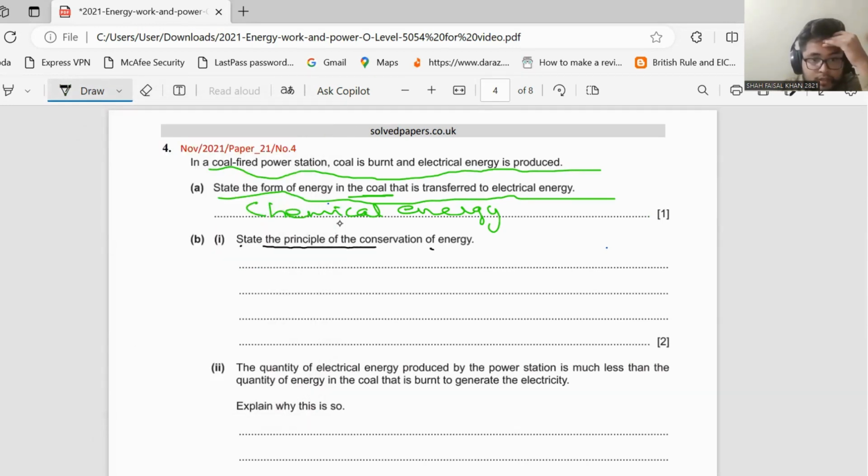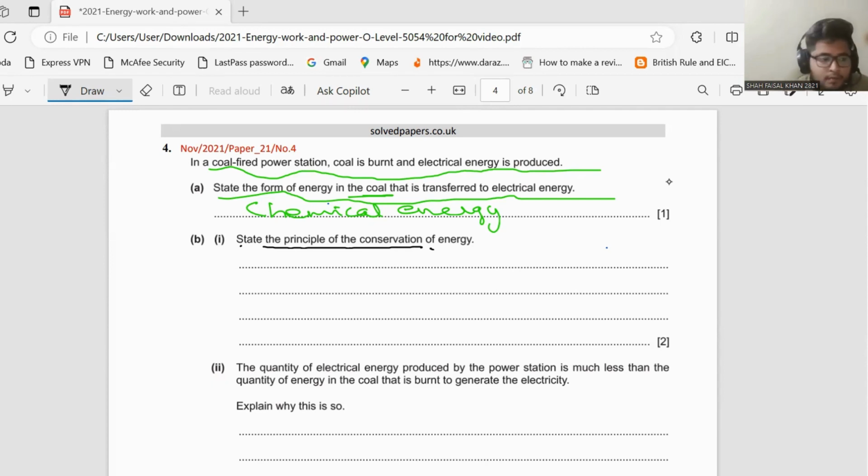Now there is a question to state the principle of conservation of energy. The principle of conservation of energy states that energy can be neither created nor destroyed, but it can be converted from one form to another. This is the very famous principle.